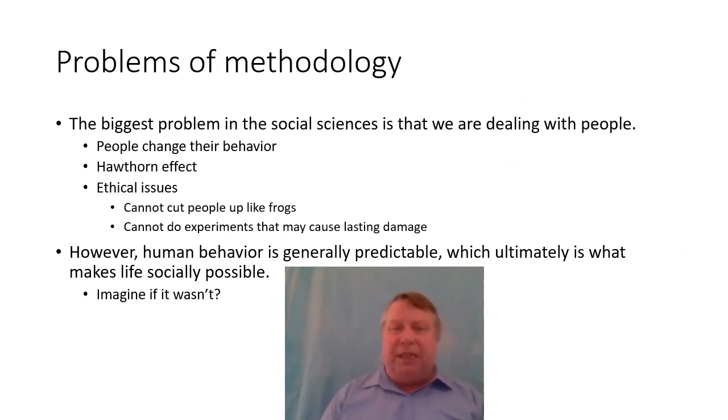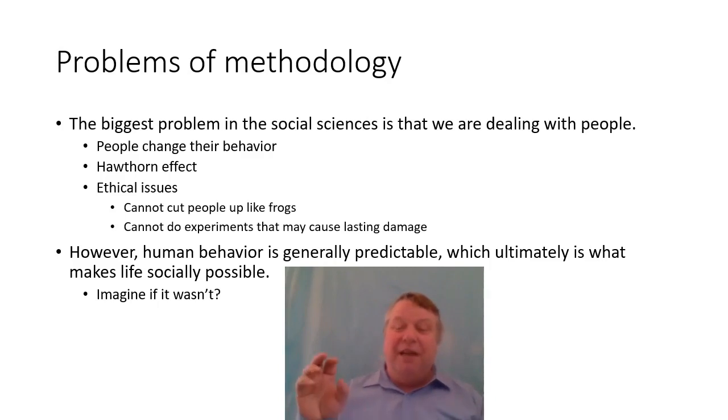The biggest problem in the social sciences is that we are dealing with people. The people can change their behavior, and there's something called the Hawthorne effect. The Hawthorne effect is basically when people know they're a part of an experiment or they're being asked questions, they may try to change their answers to either please the experimenter, the researcher, or maybe annoy him.